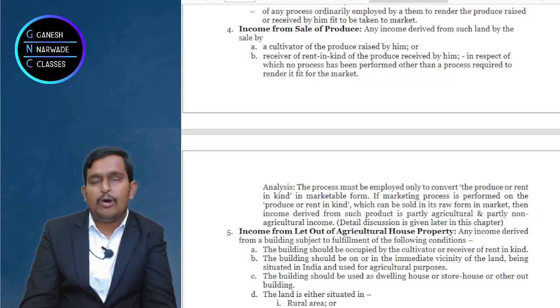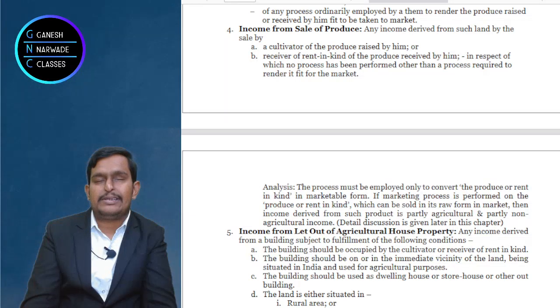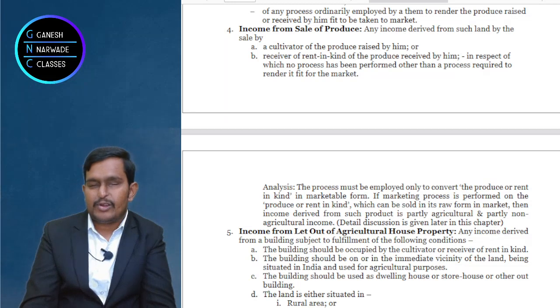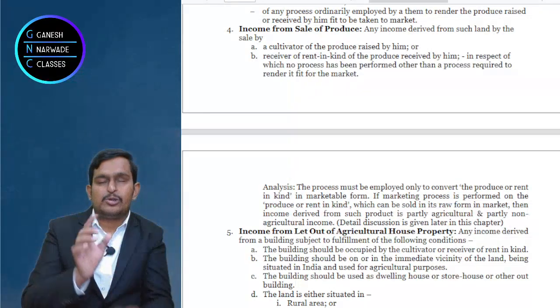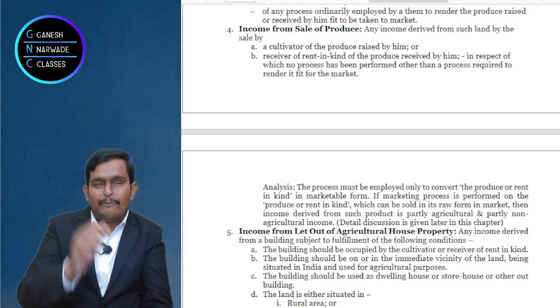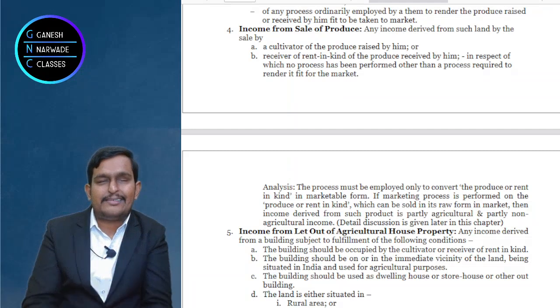Now, suppose you sold the agricultural land, is it agricultural income? Sale of agricultural land is not agricultural income. It is simply capital gain related income. Land is a capital asset, and when you sell agricultural land, you are subject to capital gains tax. Of course, if you sell rural agricultural land, it is fully exempt.